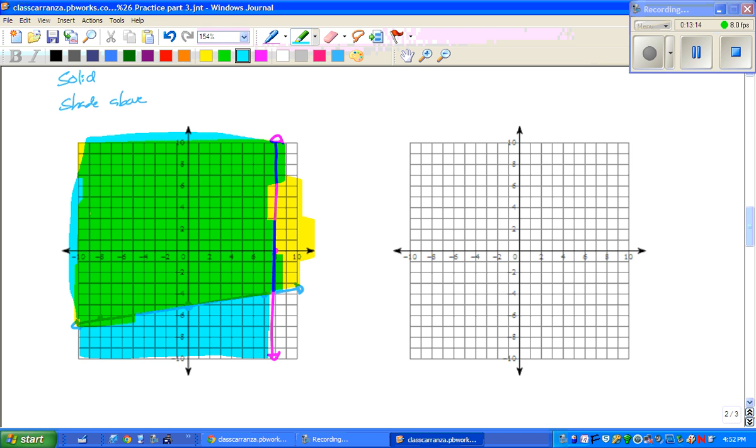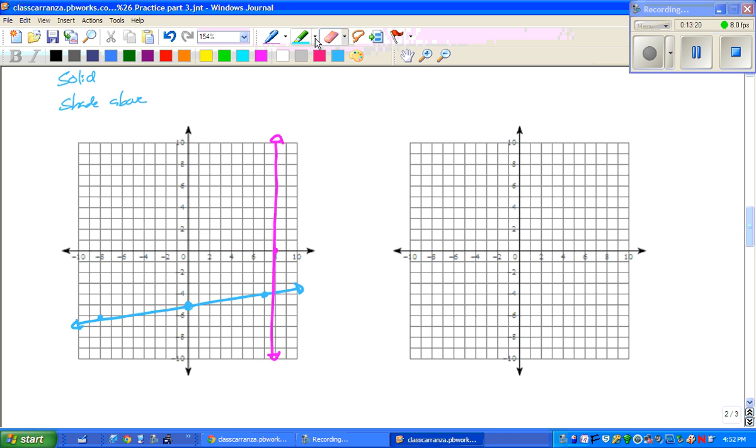See how we're getting that different color right there? The green portion is what my answer is. Okay, so I'm going to come back and I'm just going to shade up here. Okay, if you're working with pencil, you can erase everything else, but that's your answer.